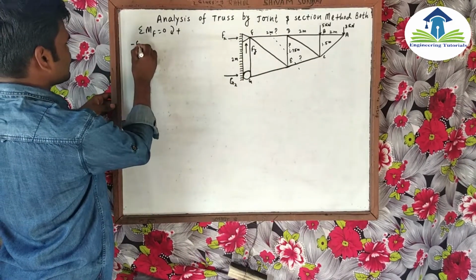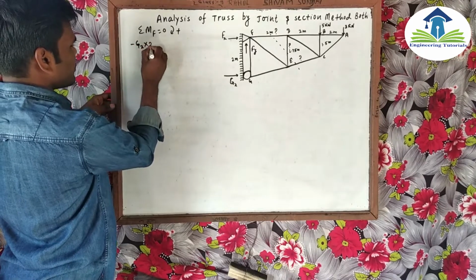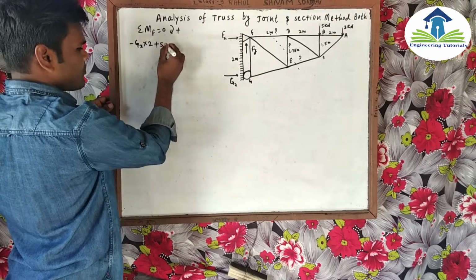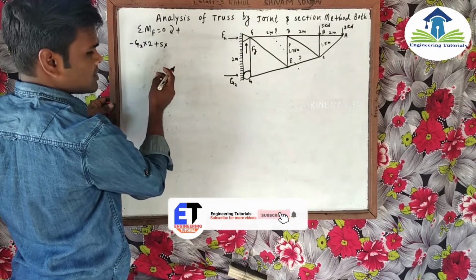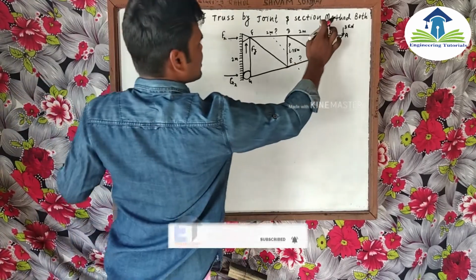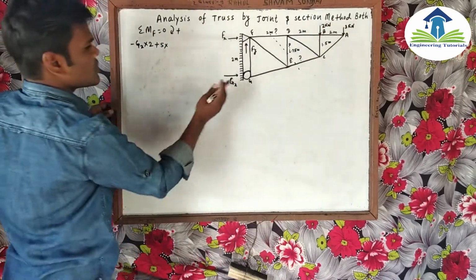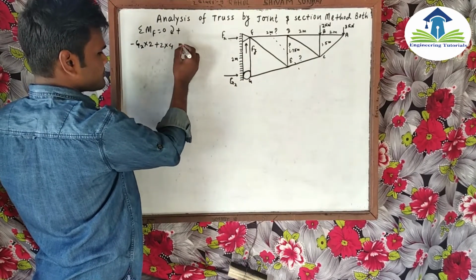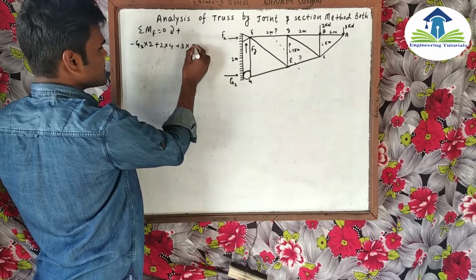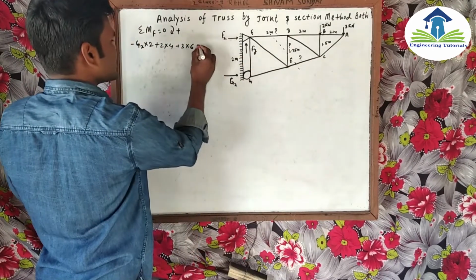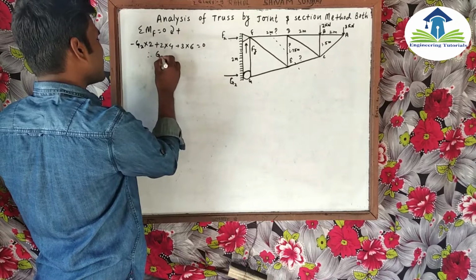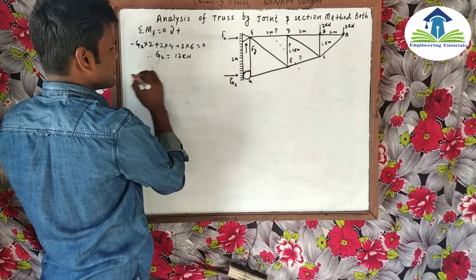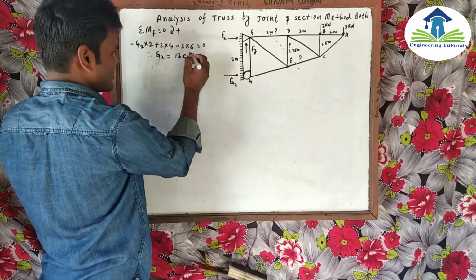So minus Gx into 2, plus 5 into (2 plus 4), plus 3 into 6 is equal to 0. If we calculate, we find the value of Gx is equal to 3 kN in this direction.